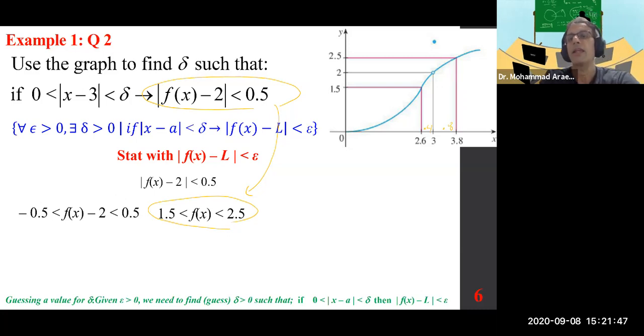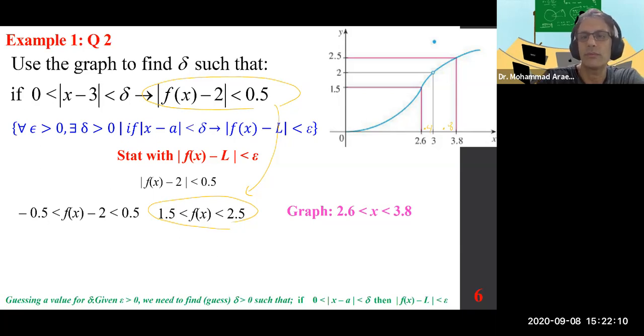Can it be between 2.2 and 3.8 or not? That's the idea, and the answer is no. It's between 2.6 in essence and 3.4. So you want to look at the graph.